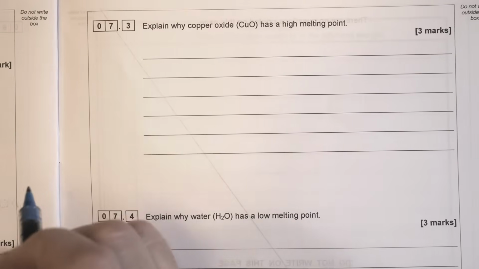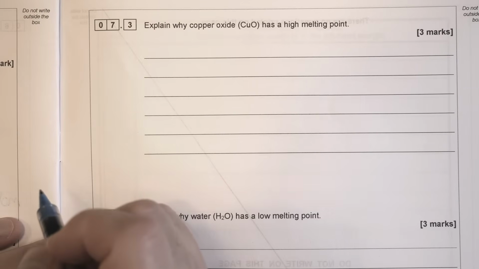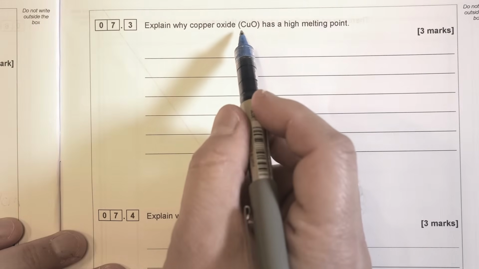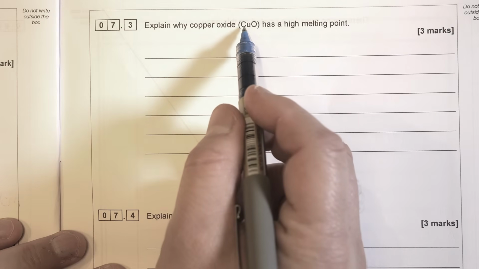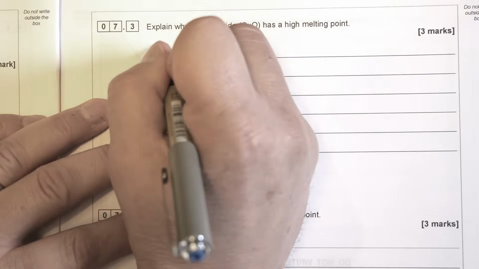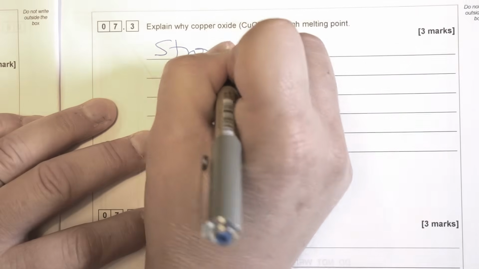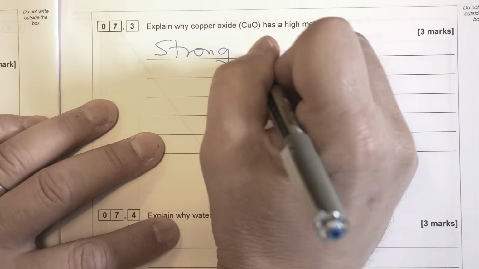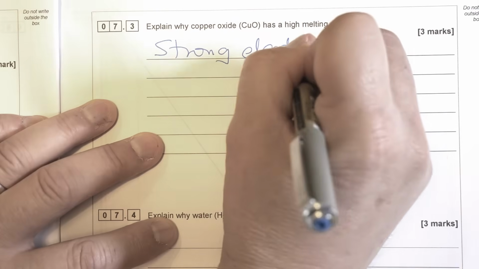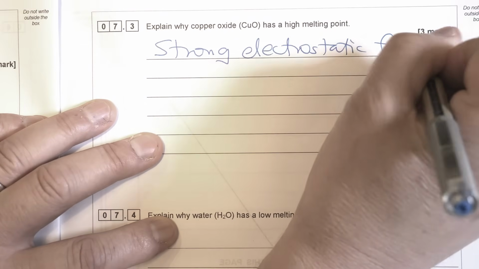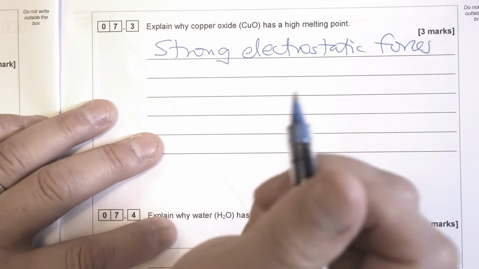Explain why copper oxide has a high melting point. Well, we need to realise that it's an ionic substance made of ions because we've got a metal and a non-metal. So we can say it's got strong forces, that's why it's got a high melting point, and they're electrostatic forces. So strong electrostatic forces, they're the forces between positives and negatives.